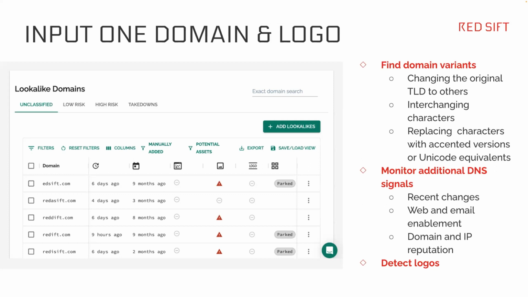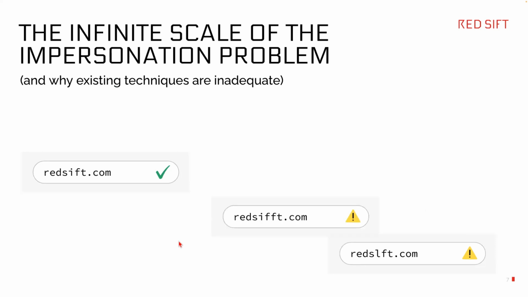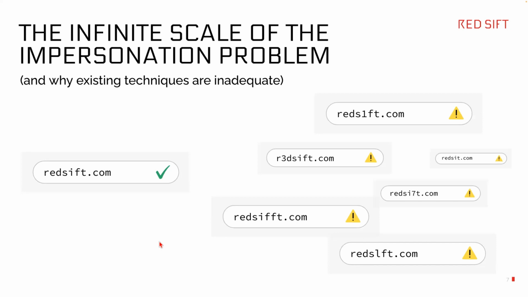Once you've classified them, or even if you haven't, we can show recent changes. So if they're web and email enabled, or the reputation of the domain or IP has changed, we can do that and also detect the logos. And to show it to you here as well, we saw with things like Lee Jeans how many different variations there are here.